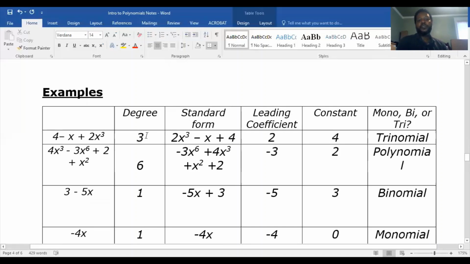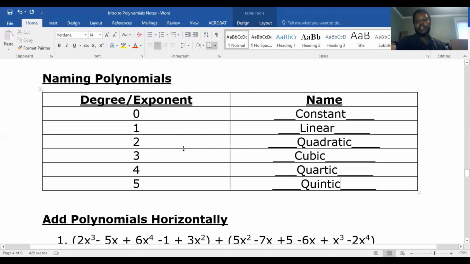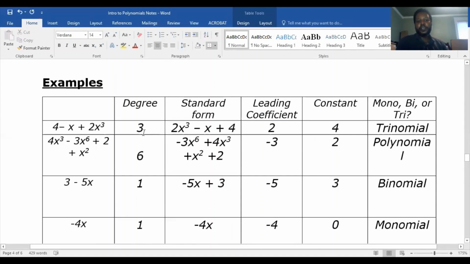If the degree is 3, its name is cubic. So for this first one, the example that I did before we started this video, we have a cubic trinomial. It's named by the degree, so it's a cubic, because the degree is 3, trinomial.